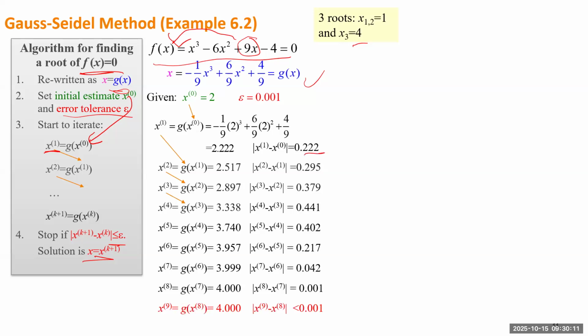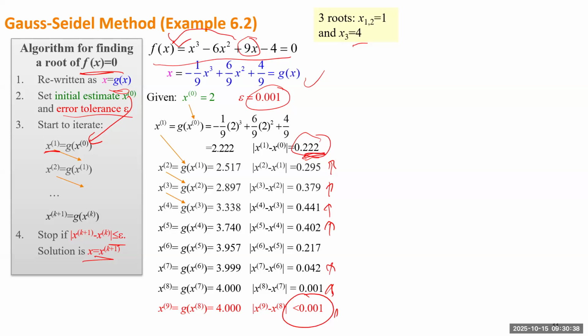You see this gap, right? That needs to be compared with the error tolerance. When this becomes smaller than 0.001, you have solved it. But when you iterate, you see this one can go up, right?